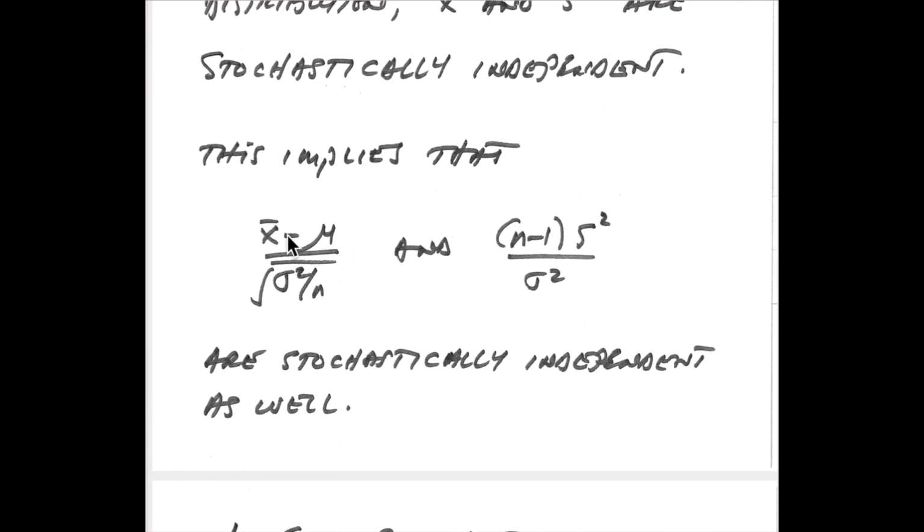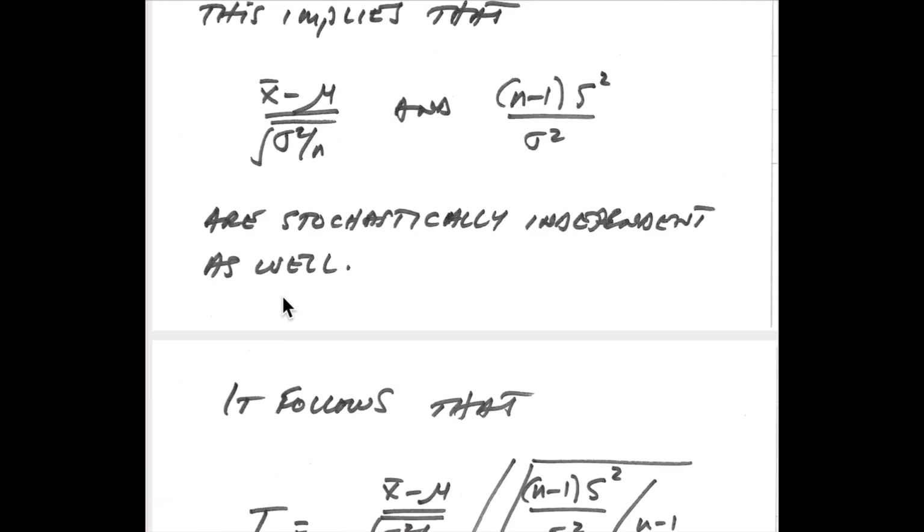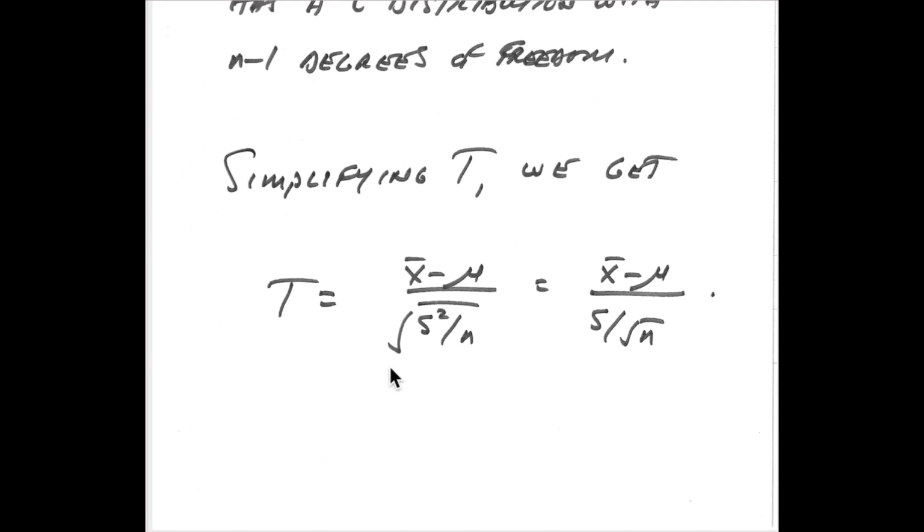So let me go back up here. If we standardize x bar by subtracting off the mean of its sampling distribution and then dividing by its standard error, that random variable has a standard normal distribution. But if we don't know sigma squared, and so we plug in s squared, an estimate of sigma squared, that random variable no longer has a standard normal distribution. It has a t-distribution with n minus 1 degrees of freedom.